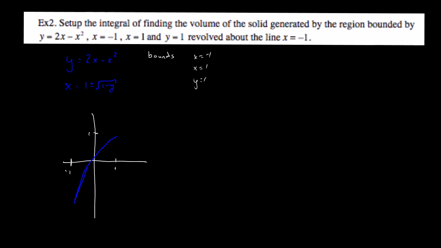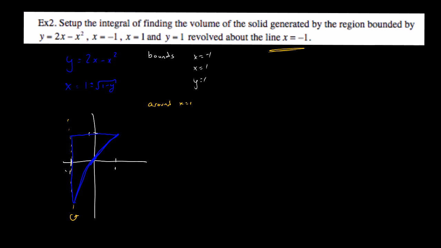It goes through 0, 0, and ends up here. So the key thing here is, what are we being revolved around? Well, it's around x is equal to -1. So if we draw our x is equal to -1 and we revolve it around, and we finish drawing our shape, the key thing is hanging up on that.